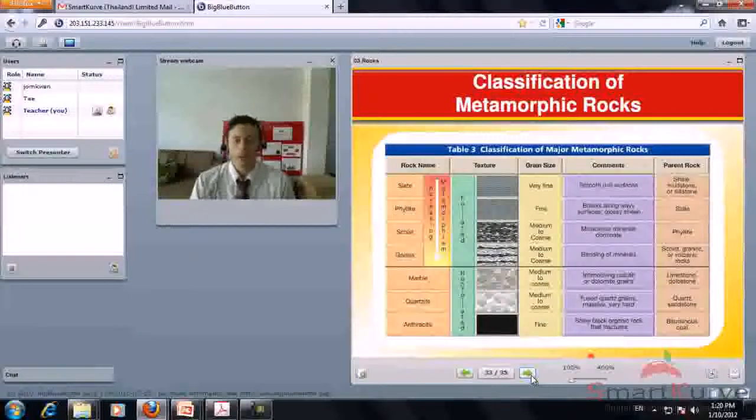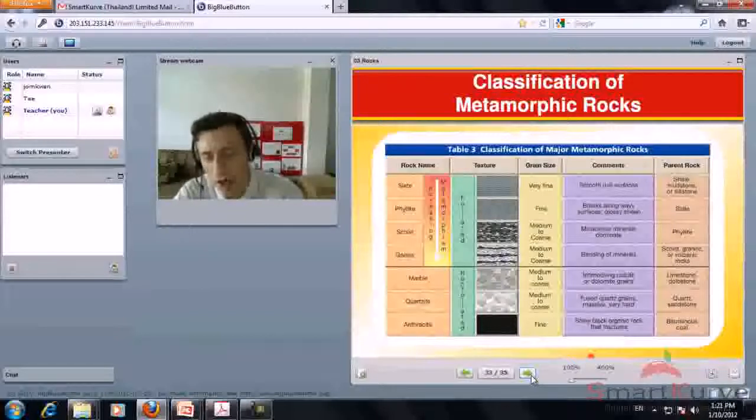On page 33, we see a classification of metamorphic rocks. Notice we go from our foliated rocks at the very top of the chart down to our non-foliated rocks at the very bottom. The important thing to notice about this chart is that the foliated rock, like slate, they have very fine texture, very small grains, very small particles, and they form those layers.